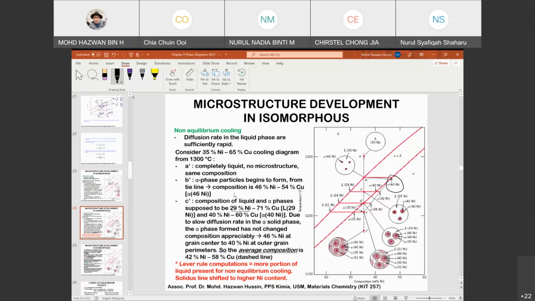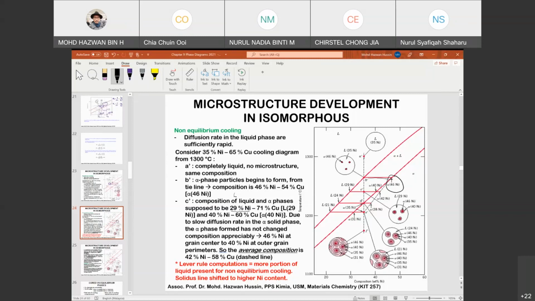But due to the slow diffusion rate in alpha solid phase, the alpha phase formed has not changed composition perceptibly. So it will be 46 at the center grain to 40% of nickel at the outer grain parameters. So the average composition is equal to 42% of nickel.